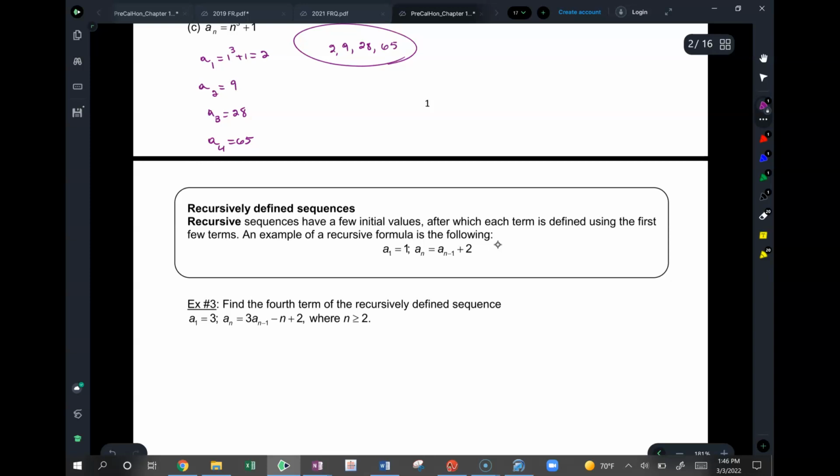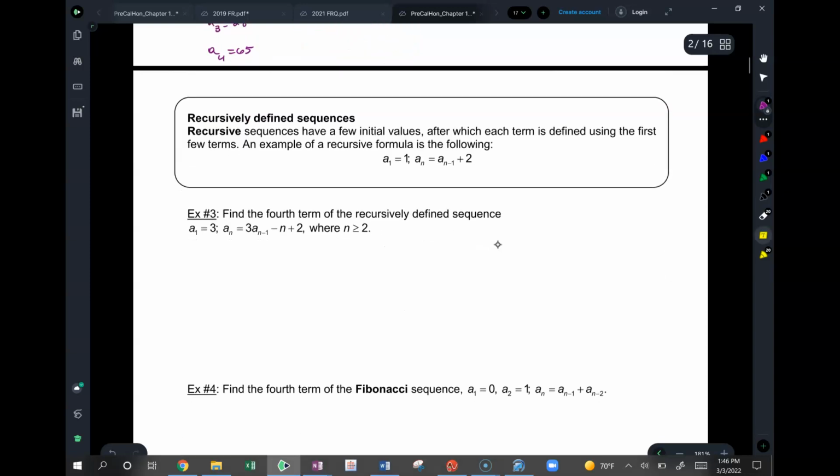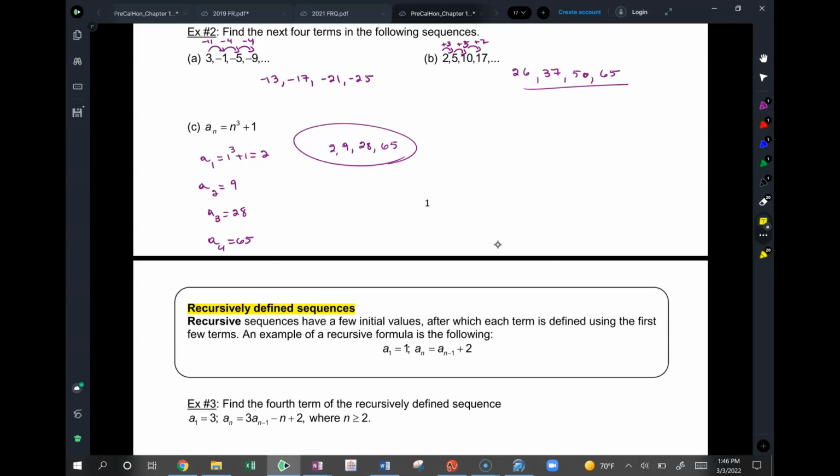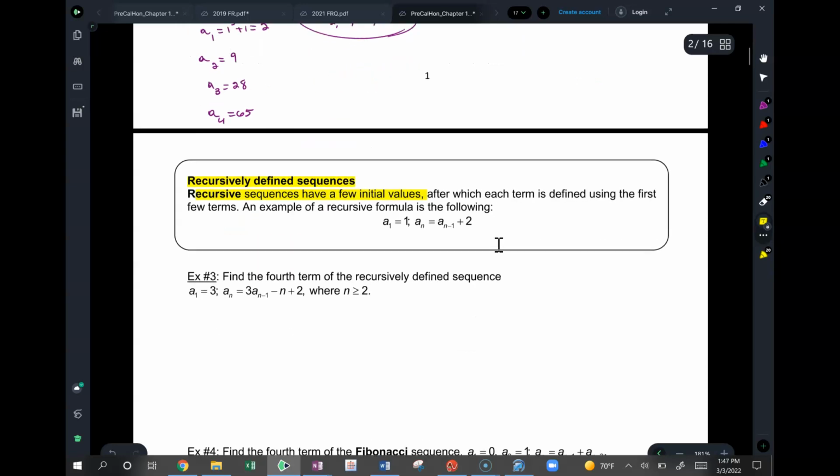Sometimes you have what we call a recursively defined sequence. A recursively defined sequence is different from these, right? In that you have a few initial values. Then each term is defined using the previous terms.